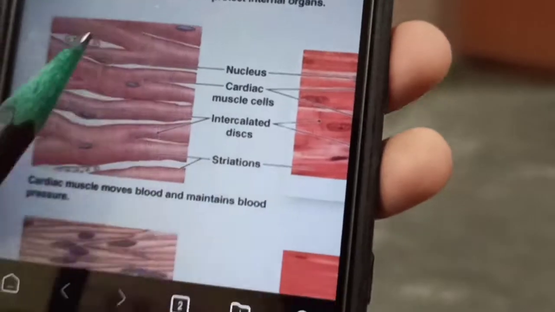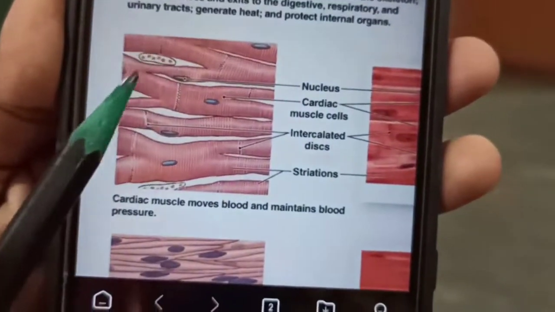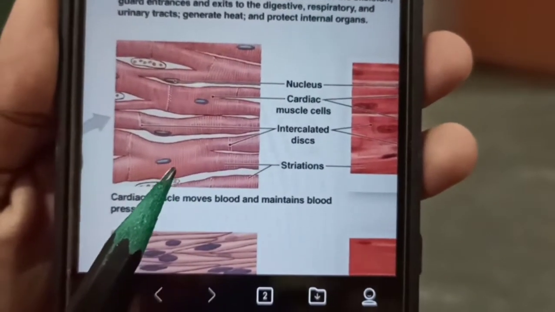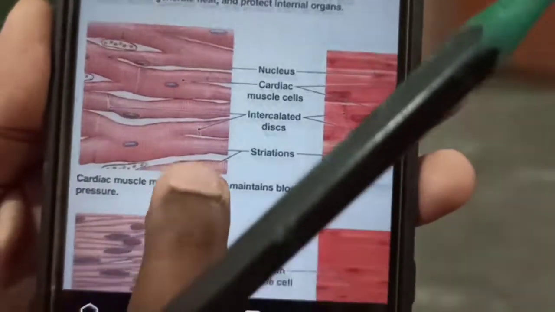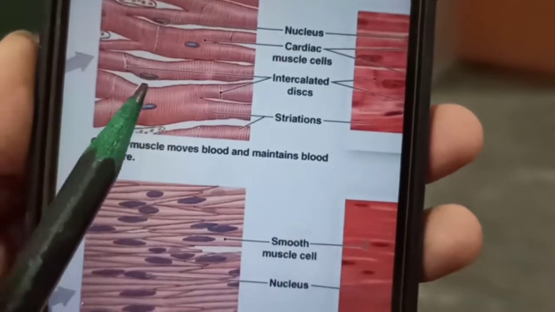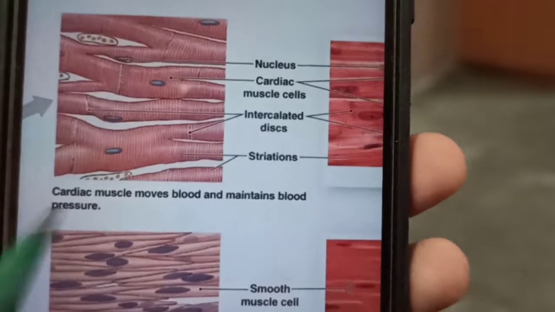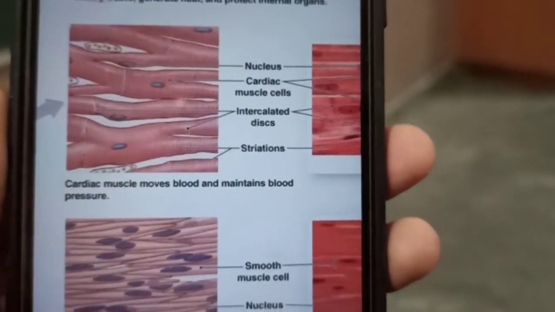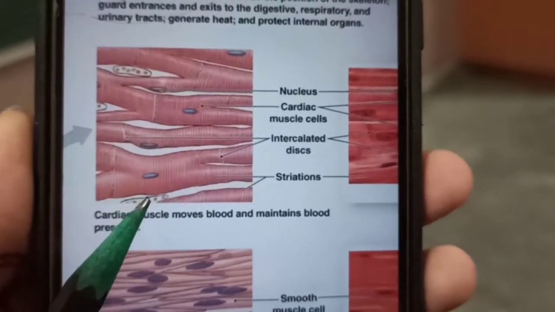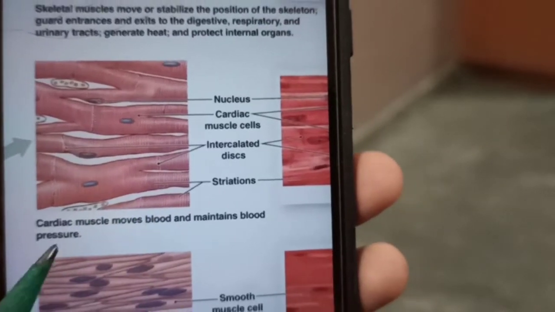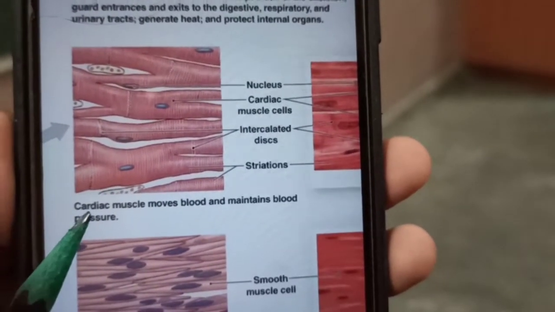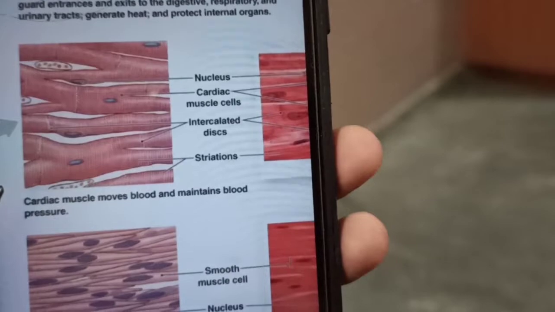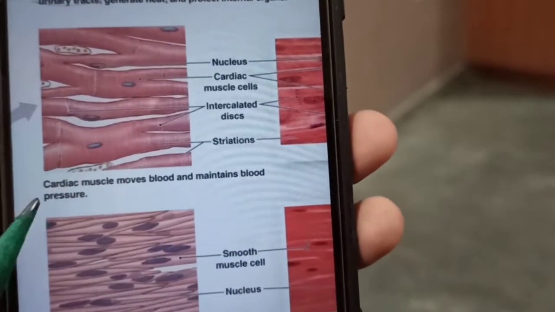Next is cardiac muscle. These muscles are different in their function. They are present only in the wall of the heart. That's why they are called cardiac muscle. The other name for heart is cardiac.